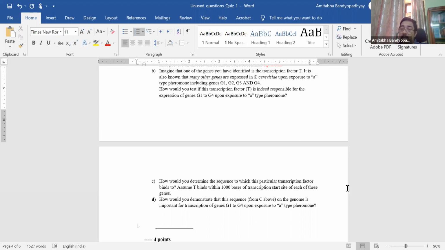Because in this case, you are bypassing the need of treatment with A-type pheromone because you are putting expression of T under an enhancer which has nothing to do with mating type response. So that would be a very good independent verification.